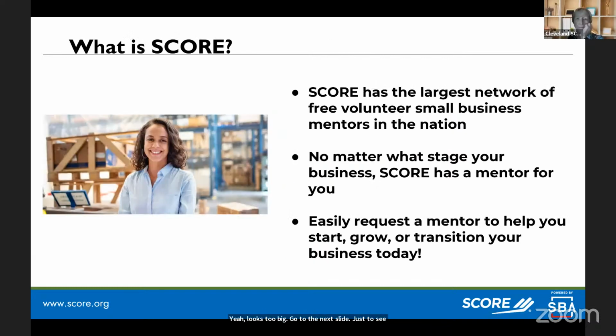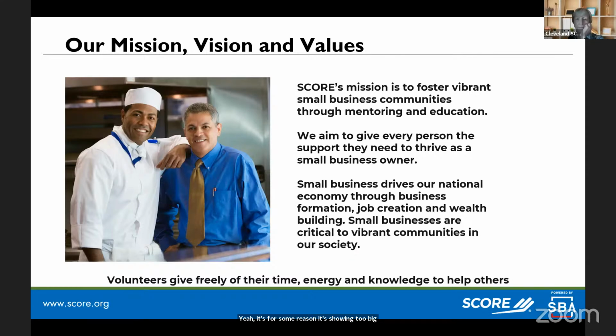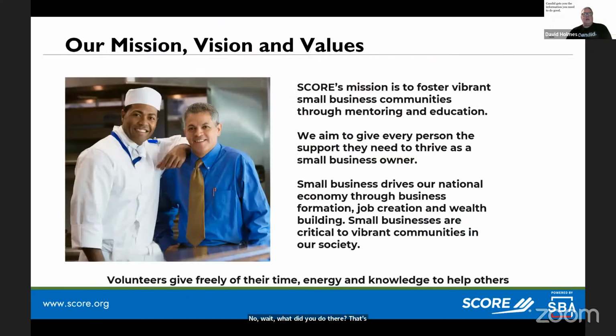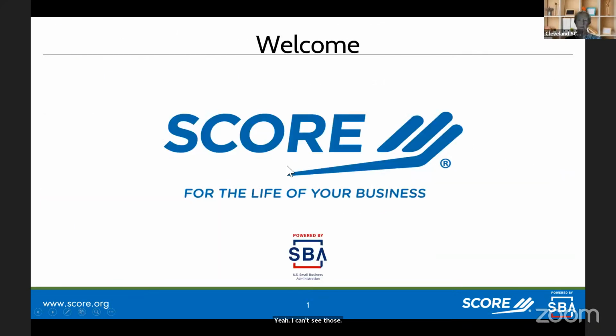Yeah, for some reason it's showing too big. I can see SCORE's mission, but I can't see the whole slide. I'm sure it has something to do with my laptop, but I don't know how to change it.